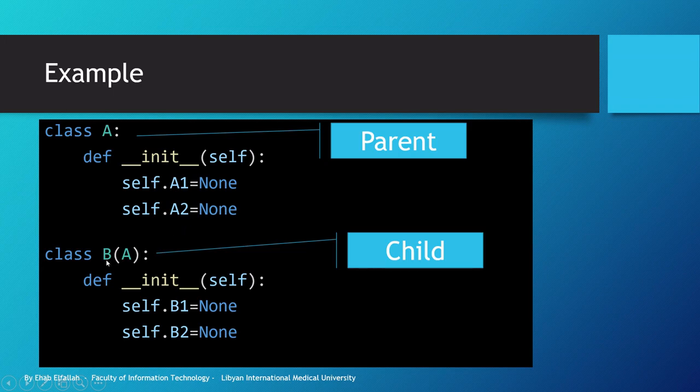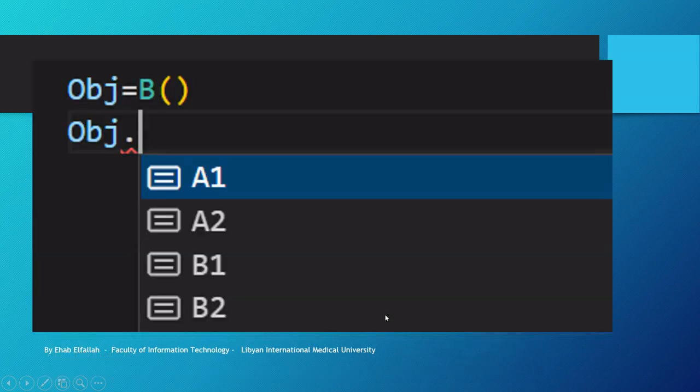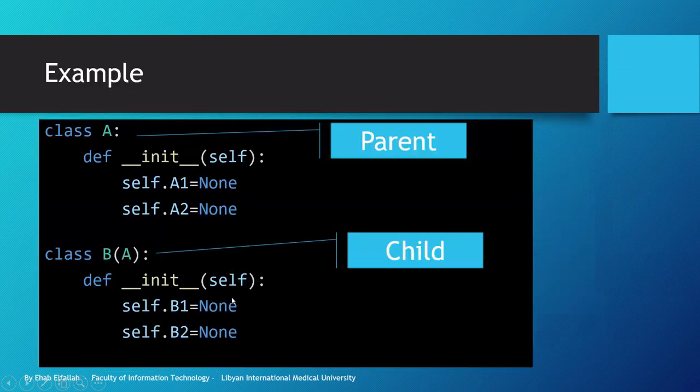But if we create an object from the class B, we can see A1, A2, B1, B2 because class B inherits from class A. After we create the object from class B, and we write the name of the object and write dot, we can see A1, A2 from class A and B1, B2 from class B. This is how to inherit the functionality and attributes from the parent class.